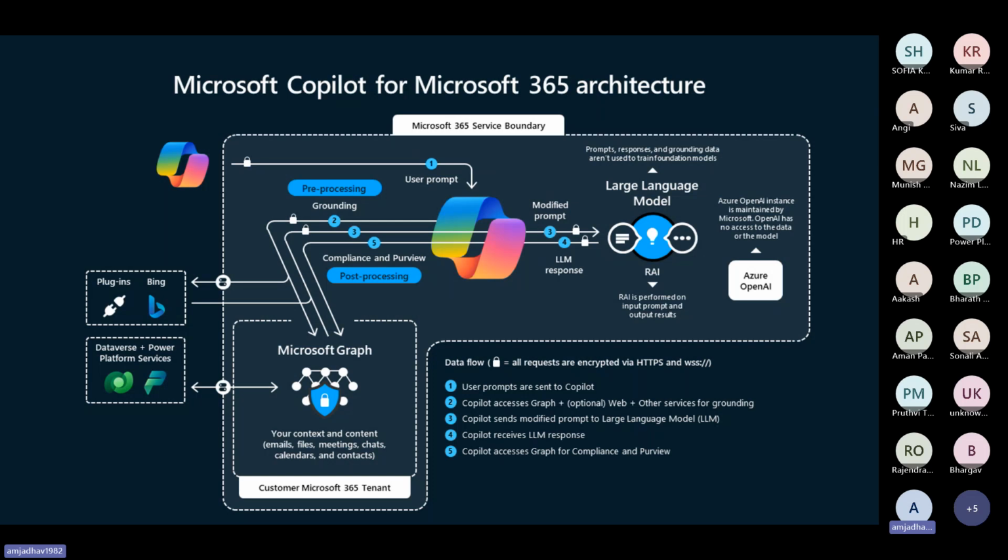And then there is also a user level semantic index. So there are two types of semantic index. With that semantic index, it will take the prompt and extract all that information, and then a final prompt is created, which is finally sent to the LLM model.